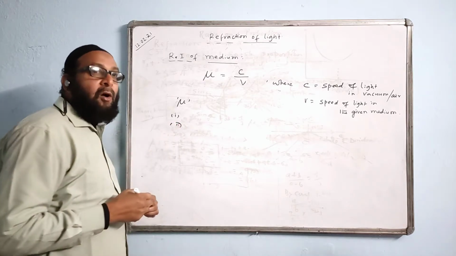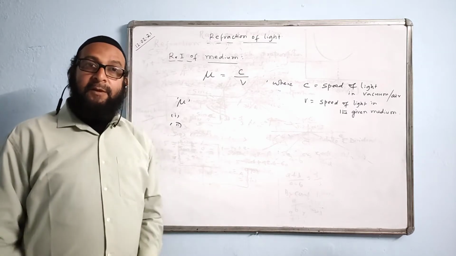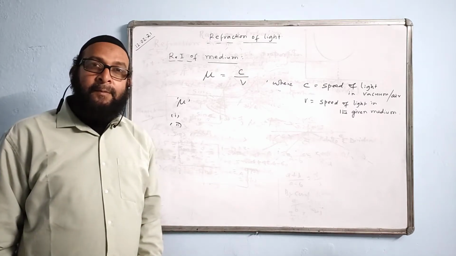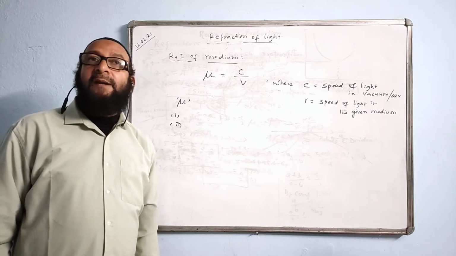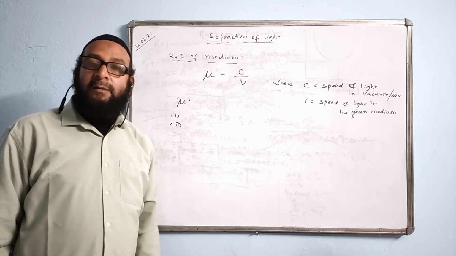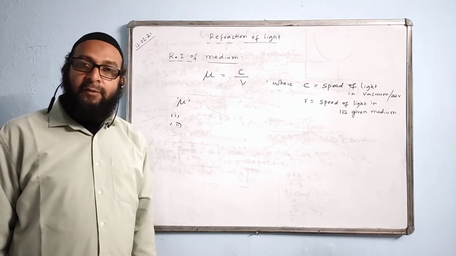You can just guess: hot air and cold air, which has the higher refractive index, or will they have the same? Tell me. Which type of medium will have a high refractive index, hot air or cold air?